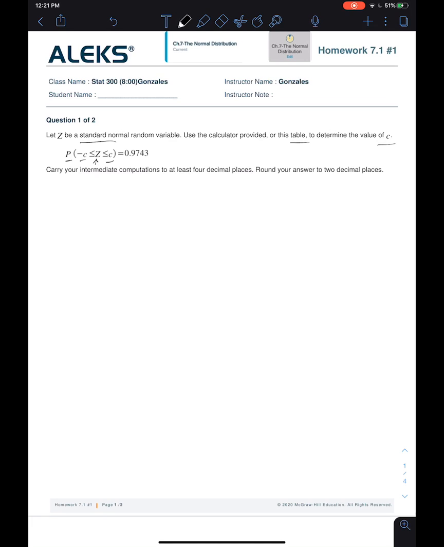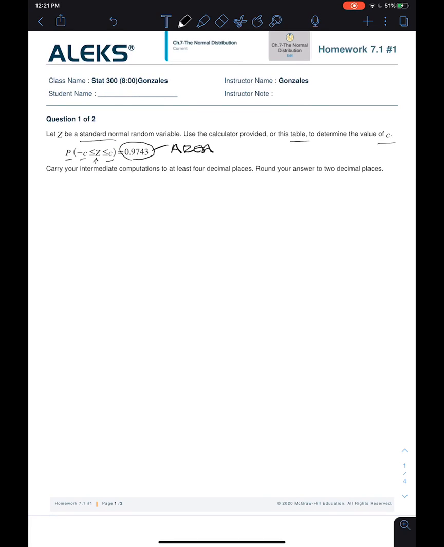So we're on the standard normal curve, and we're trying to find the probability of being in between negative c and positive c, and the answer to that probability question is 0.9743. So they actually give us the answer. We want to think about this as the area. So the probability is 97.43%, or 0.9743, that you're going to land in between negative c and positive c.